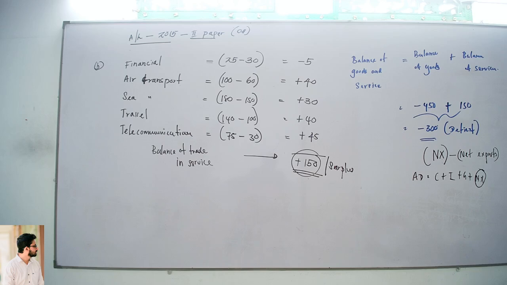According to the question, three items: compensation of employees, dividend, and interest income. We should take these three together. Third one, the balance of primary income account.